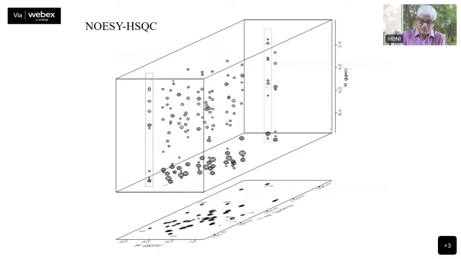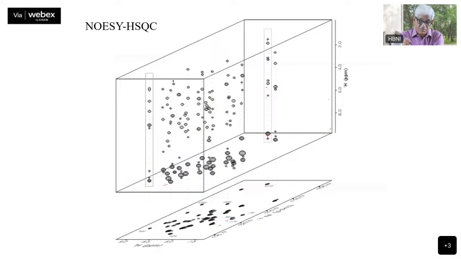So you see the information is now spread out in a cuboid. You have two types of information. One is the HSQC correlation, which allows you to separate the peaks on the basis of the heteronuclear correlations, and then using the NOESY to relay the information through the proton coupling network.